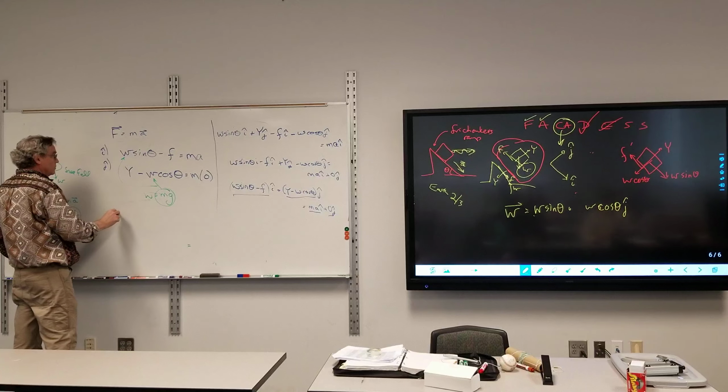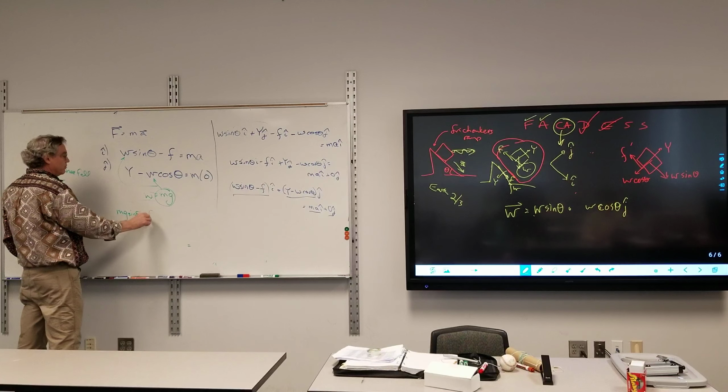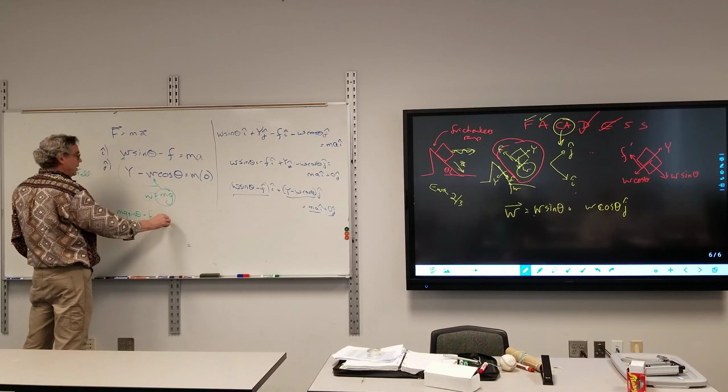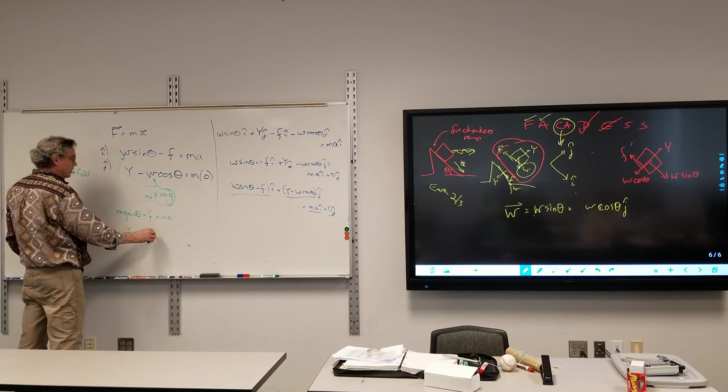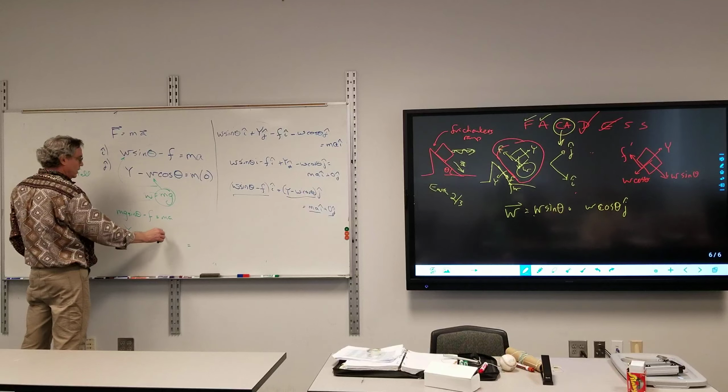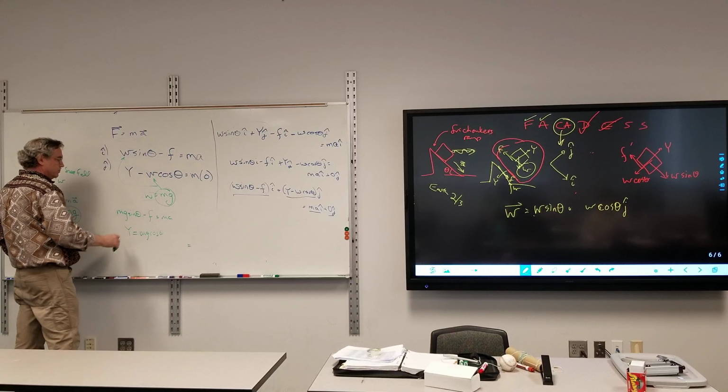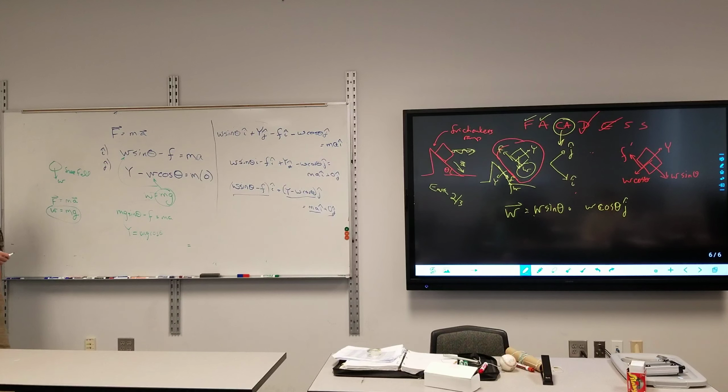And so I now have mg sine theta minus the friction is equal to ma, and then Y minus mg cosine theta equals 0, or I'm just going to move that over. So Y equals mg cosine theta.